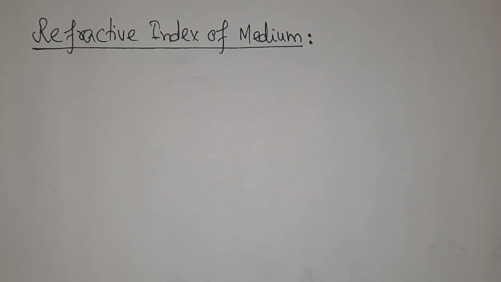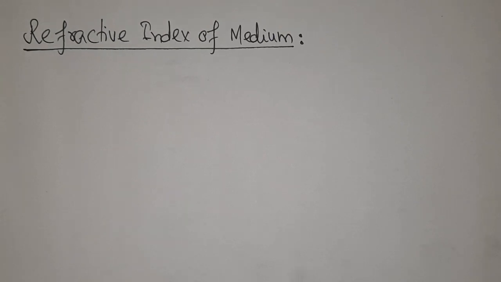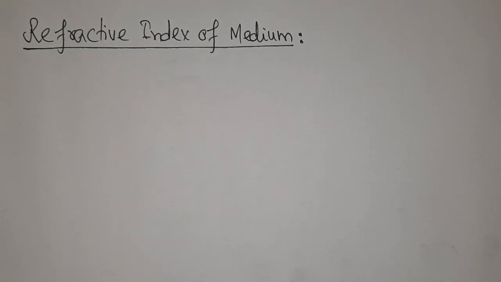the absolute value of refractive index of a medium is basically defined using the velocity of light.